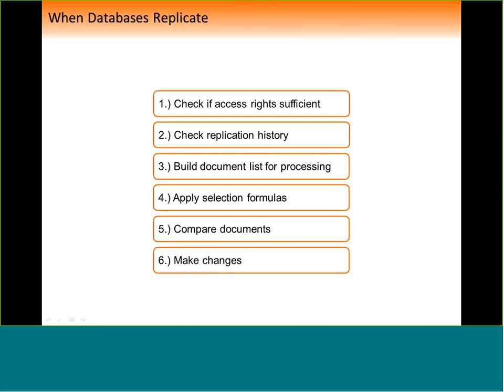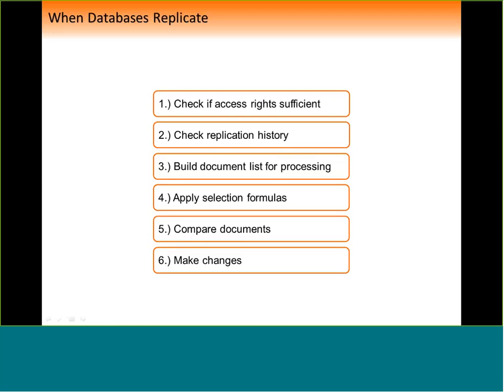Then we move on to how to replicate subsets of documents using selection formulas or readers fields, and then go into the real stuff to understand what happens when 2 documents are compared. How does the replicator engine decide what happens, whether that's an update, a create, or delete? And then we're going to wrap things up with what can go wrong, which, as you might be guessing, is a lot of things, right?